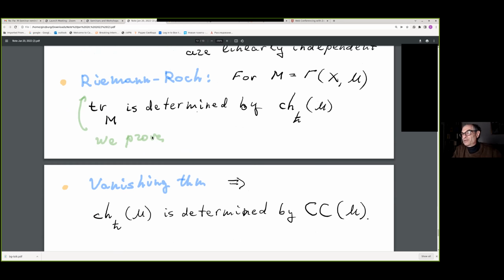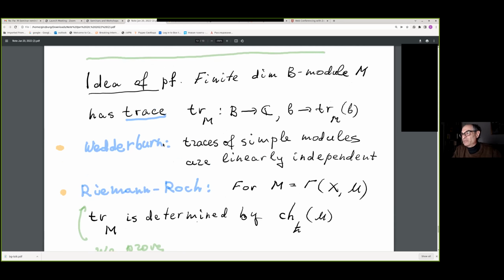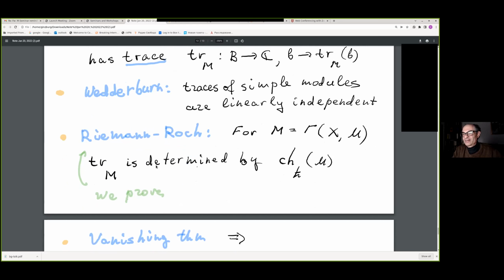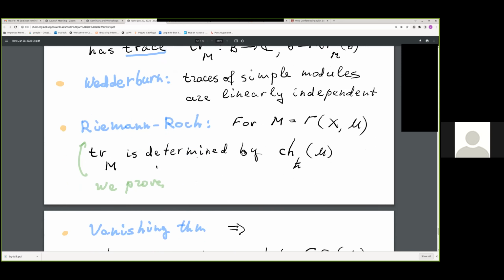But they are not, because for irreducible finite dimensional representations, they are not linearly independent by finite dimensional algebra. So this is the concrete application of our very sophisticated stuff involving cyclic homology.